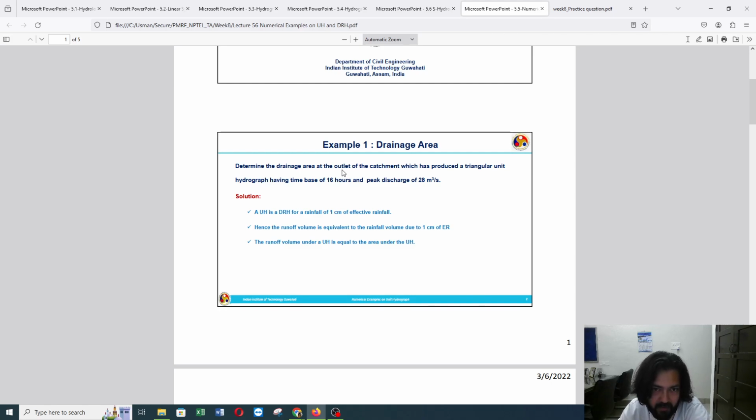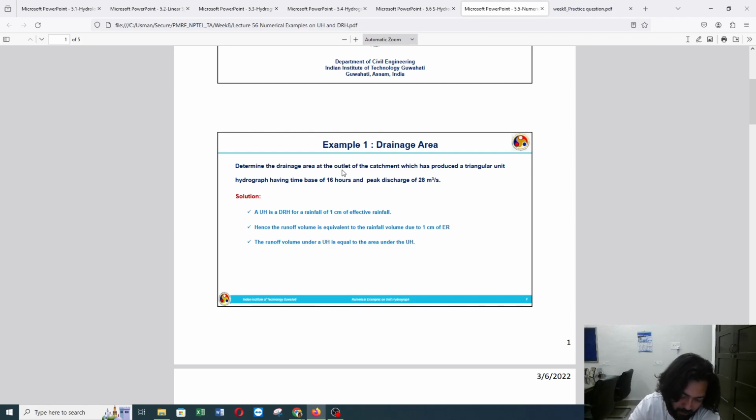But they are asking us to calculate the drainage area. So how can we do that? Since we know the volume, we can divide this volume by the excess rainfall of the unit hydrograph, that is 1 centimeter. If we divide this volume by 1 centimeter, we will get the area.